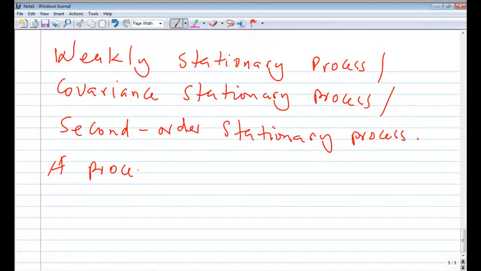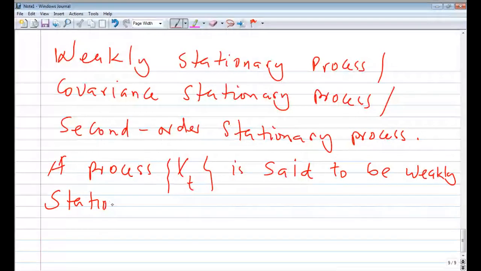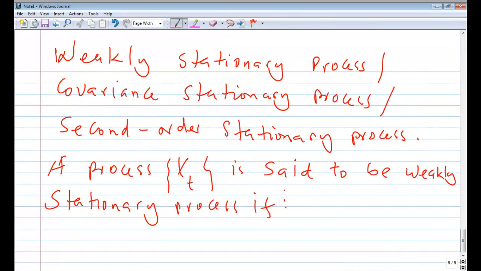A process, let's say Xt, is said to be weakly stationary process if the following conditions are held.